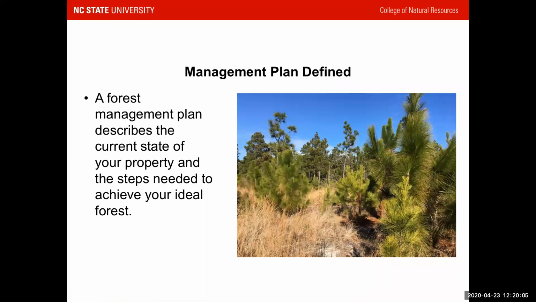So a management plan describes the current state of your property and also the steps that you're going to take to achieve your ideal forest. So here in this picture, we have a young longleaf pine stand. You see a lot of loblolly pine that is encroaching in that stand.